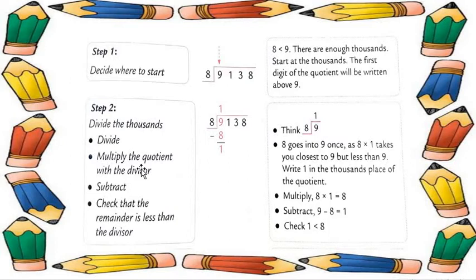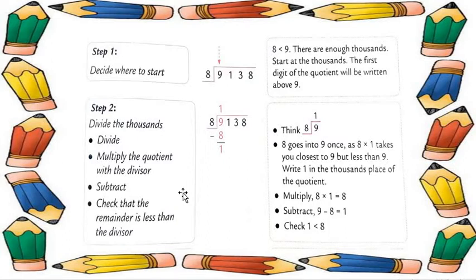Divide the 1000, then multiply the quotient with the divisor. Okay students, I hope you all understand the meaning of the terms: dividend, divisor, quotient, and remainder. How many important words come in division? So first is what, all students?